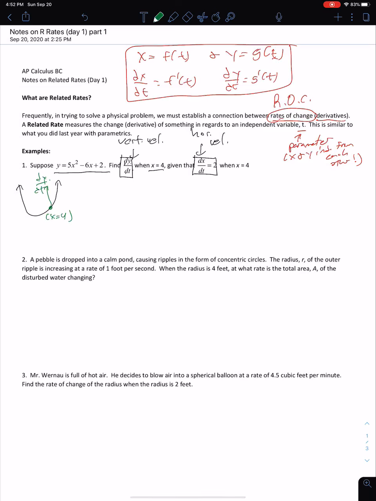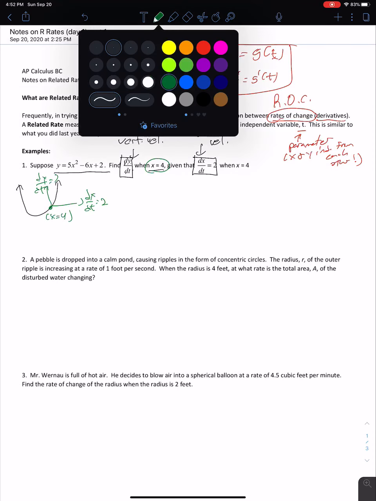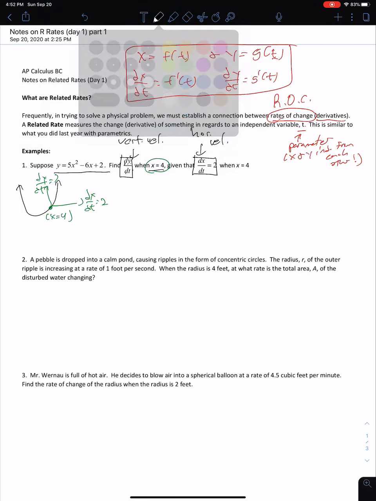How fast is y changing, given we know the change in x, how fast x is changing horizontally. So we want to find out how fast the y values are increasing at this exact moment. And that's really what a related rate does. It finds us an exact velocity at any given moment.